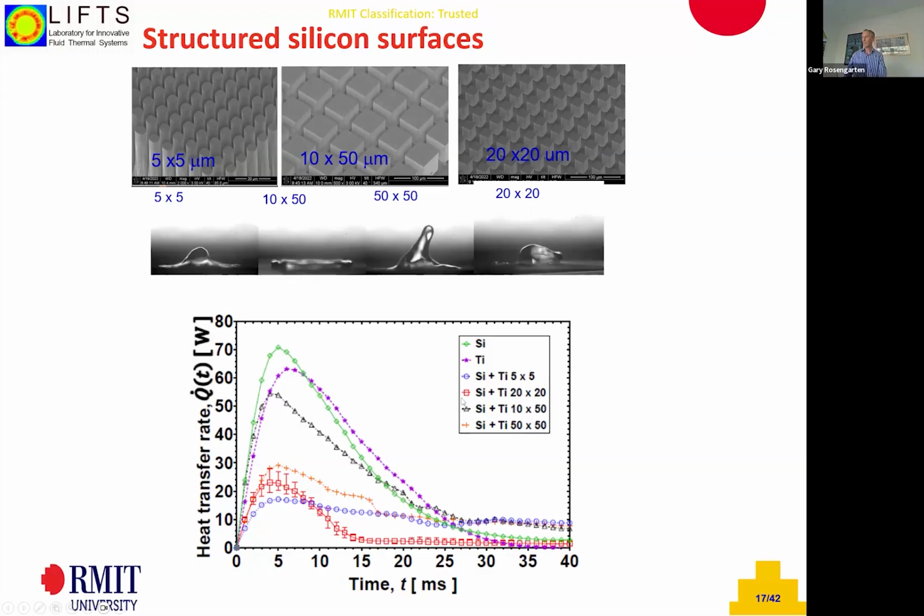But just going to the 10 by 50 micron one, it gives almost double the heat transfer rate of all the other ones. And that's because of a very complex interaction I'll talk about between the added surface area, the droplet confinement, the wicking in there, and various other phenomena which are all affected by these different scales.